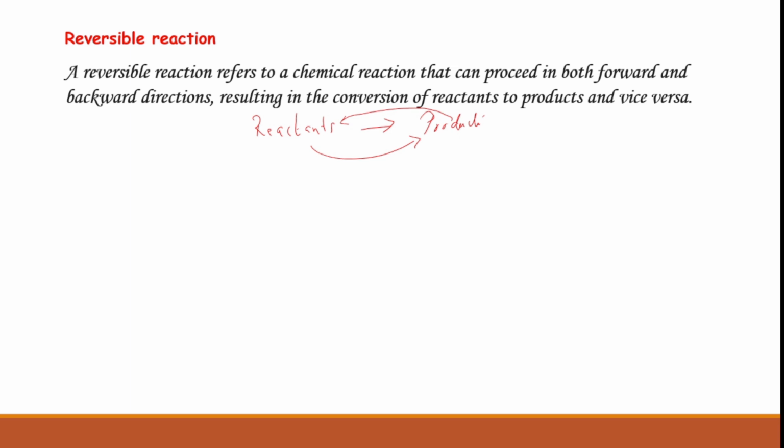So reactants become products as well as products again become reactants. Such a reaction is called reversible reaction. So what is reversible reaction? A reversible reaction refers to a chemical reaction that proceeds in both forward and backward directions, resulting in the conversion of reactants to product and vice versa.